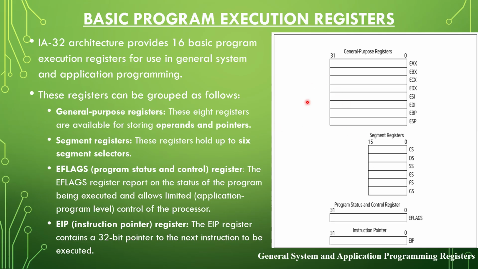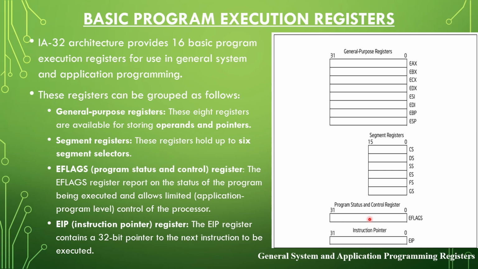Here are the general system and application programming registers which we explained. Altogether there are 16 registers. These are the 8 general purpose registers. These are the corresponding segment registers, which are 6 segment registers: 1, 2, 3, 4, 5, and 6.